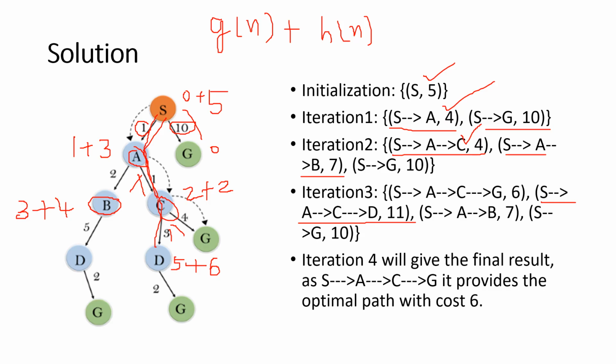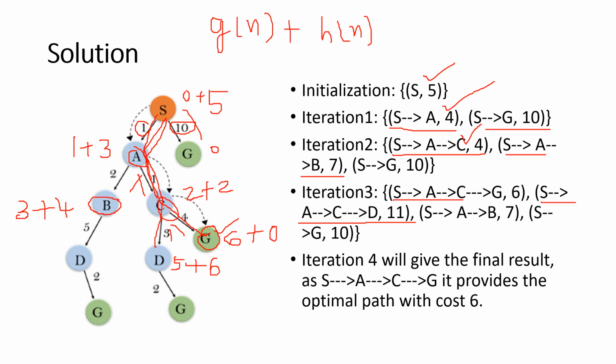And then we can see G. If you are opening G, then g of n will be, from the starting node, S to A 1, A to C it is 1. Now 1 plus 1 is 2, and C to G it is 4. So 2 plus 4 is 6. So it will be 6. Then this is the goal state to goal state, and from the table we know h of n is 0, so it will be 6.